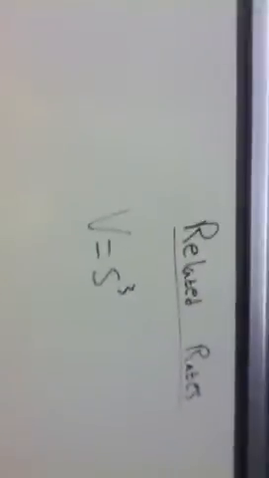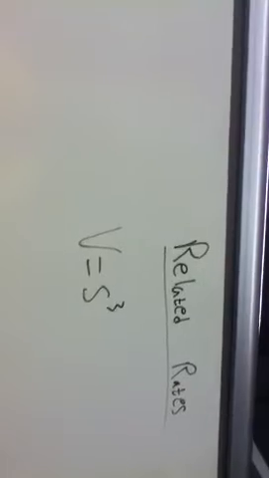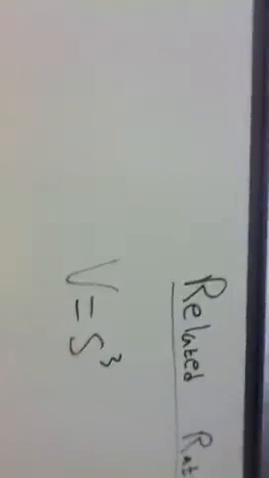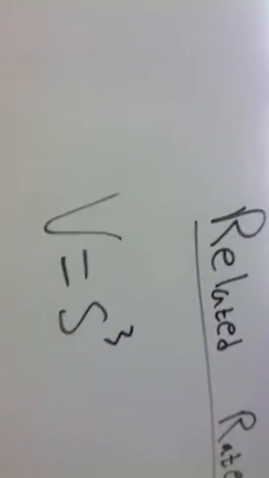So we know that we are looking at the rate of change, which means we can look at the derivative, because that's the definition of derivative: rate of change of something. So we need to figure out the derivative of this formula, and we're doing it with respect to time because it's changing every so often.